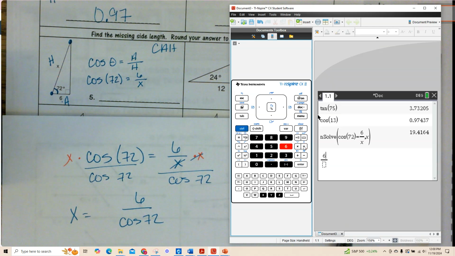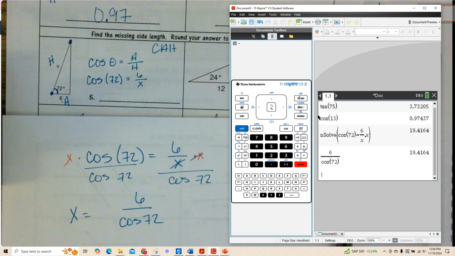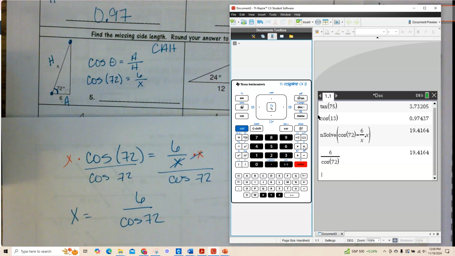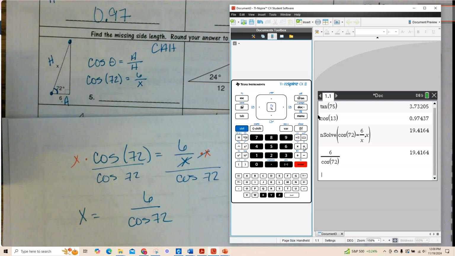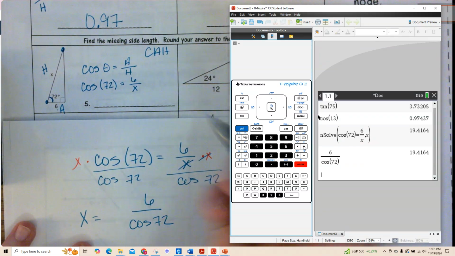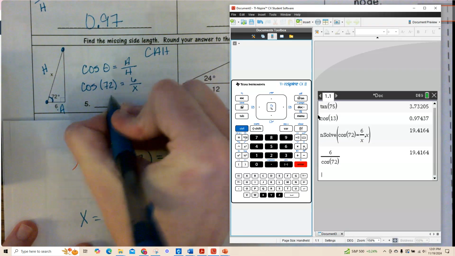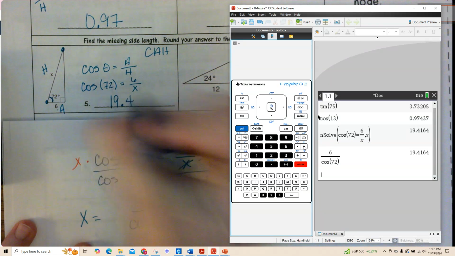If I do 6 over cosine of 72, gives me the same answer. For what I've worked, menu 3-1 has worked. It's been accurate. Okay? I'm not used to using it, so I don't trust it just because I'm not used to using it. So I'm okay with it, but understand if a problem's wrong, there could be little quirks. This one says round to the nearest tenth. So this one would be 19.4.